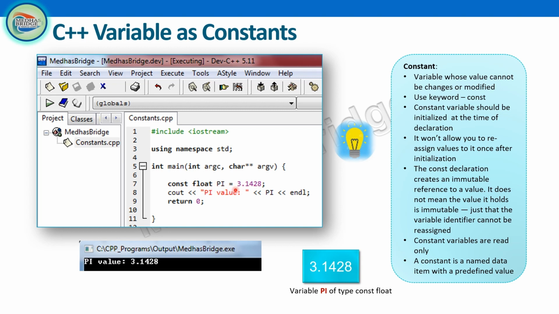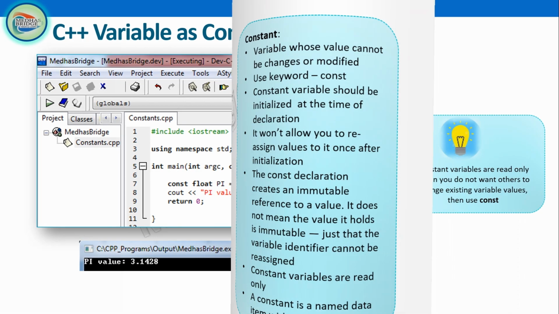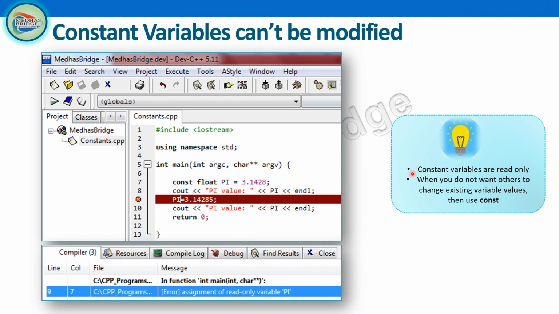During the declaration, I initialize the value and mark it as a constant. Throughout my program, I can refer to this pi value, but it does not allow me to modify the value. That is the intent of using variables as constants. Constant variables are read-only. When you do not want others to change existing variable values, then use constants. That's an application of constants for variables.